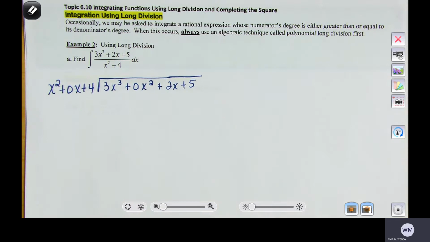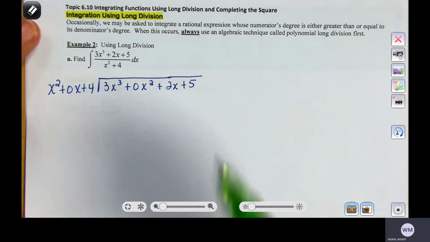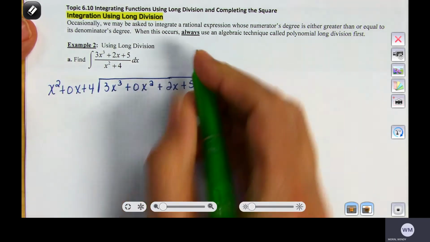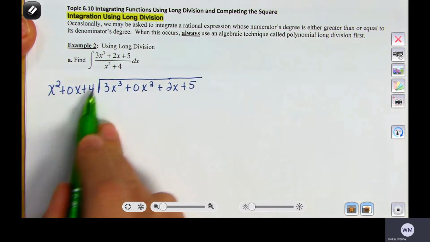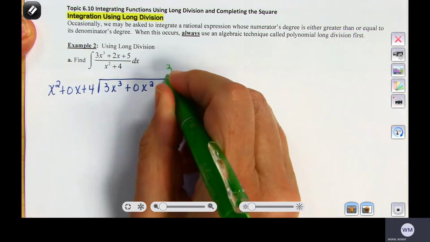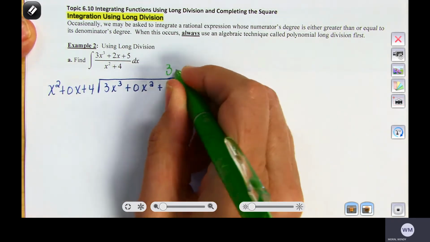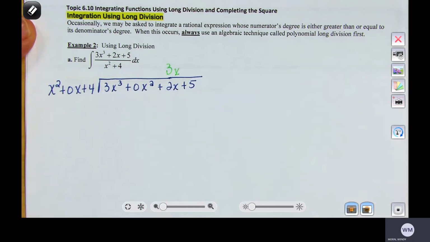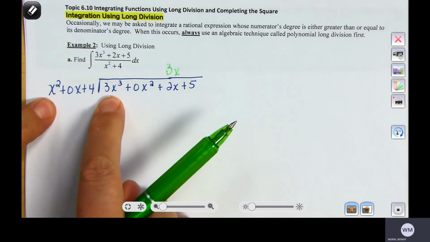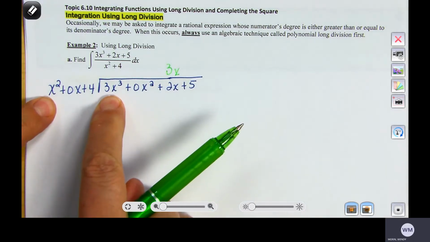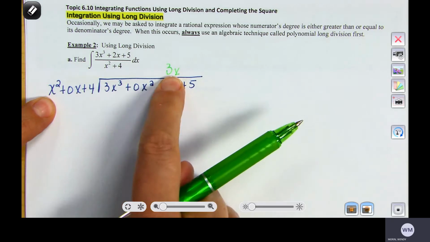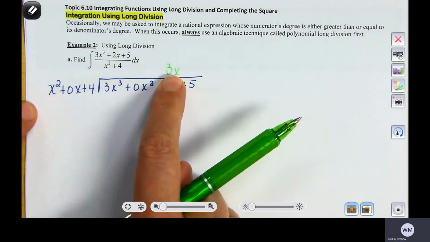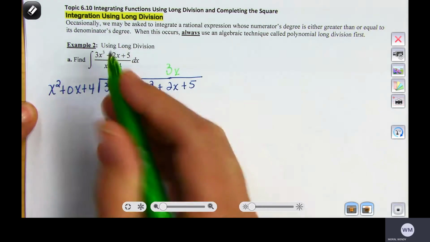What times x squared gives you 3x cubed? You put it above the third term here because we're dividing by 3 terms. That gives us 3x. So again, compare this to this. Remember that? So now we pick or choose, and now we multiply. 3x times each one of these.